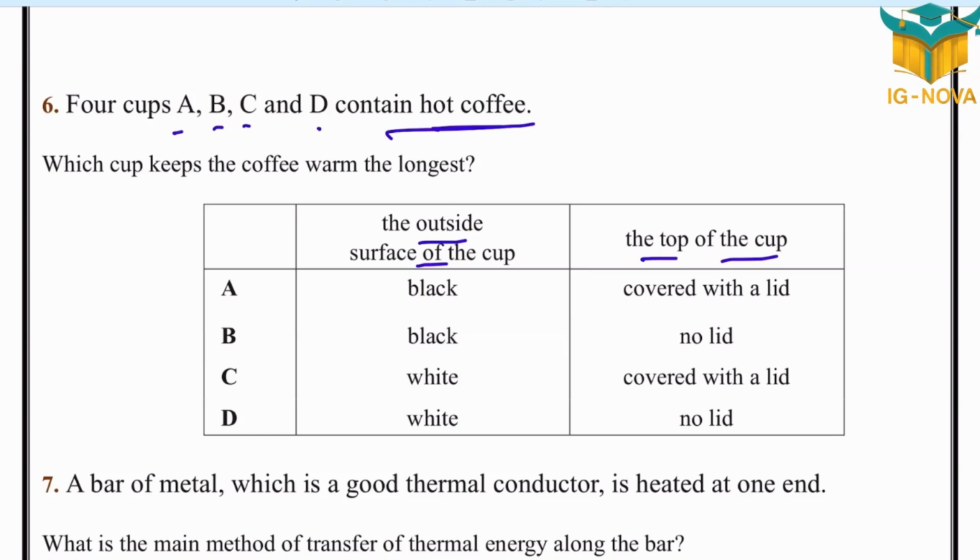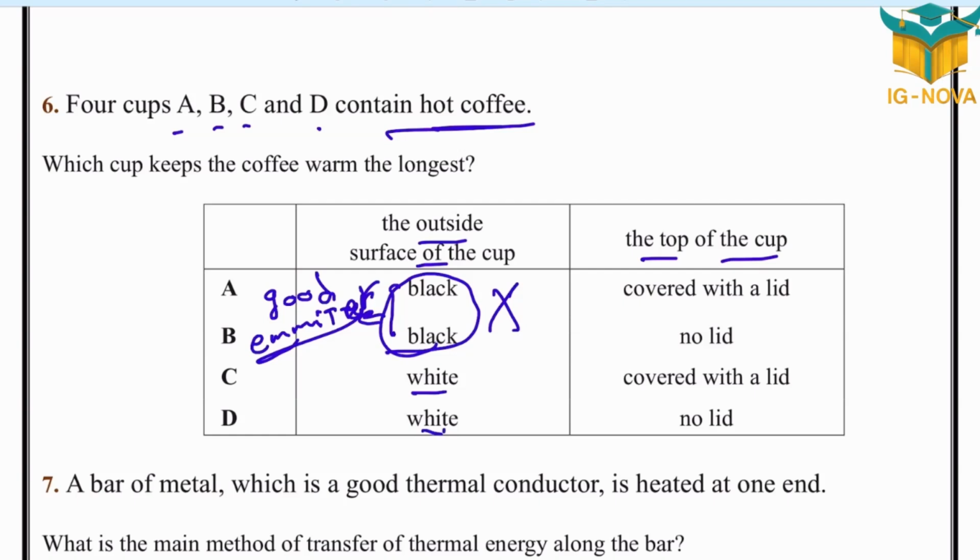I know that black is a very good absorber, so in the beginning I'll go for black. But as black is a good absorber, it's also a good emitter, so it will lose heat faster. I cannot go for black. I have to take white.